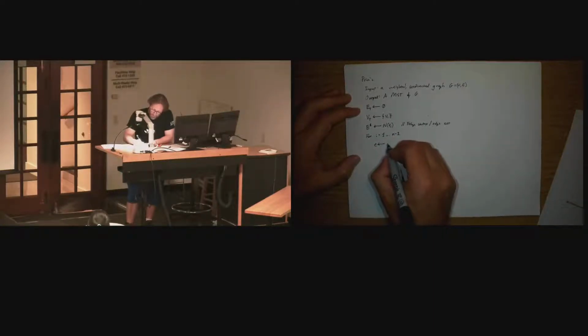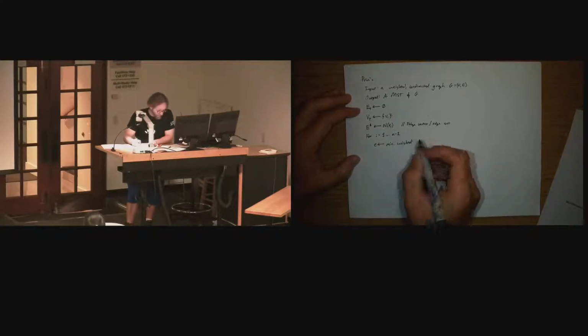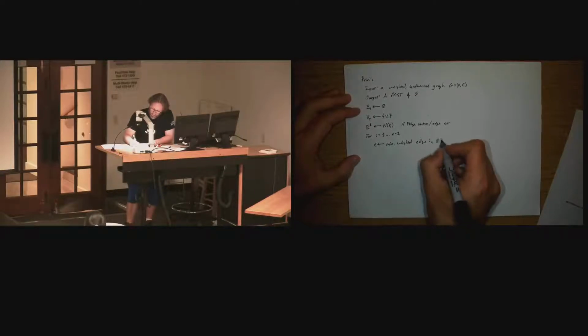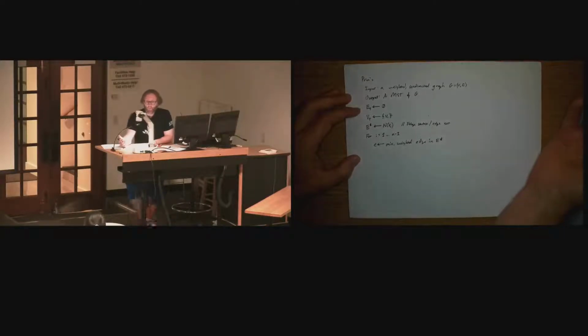It's going to be the minimum weighted edge in E star. And if you've got multiple minimum weighted edges, say 3 edges of weight 5, and that's your minimum, go ahead and break ties arbitrarily. It doesn't matter, okay?